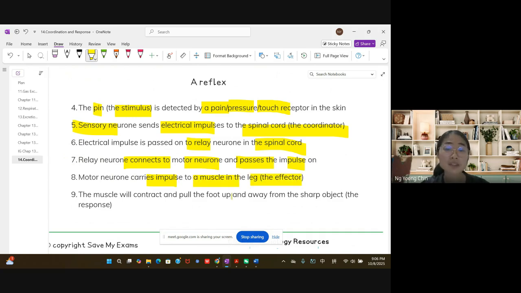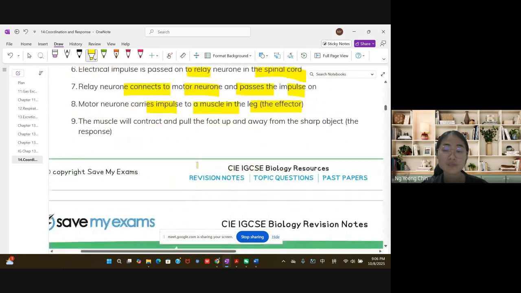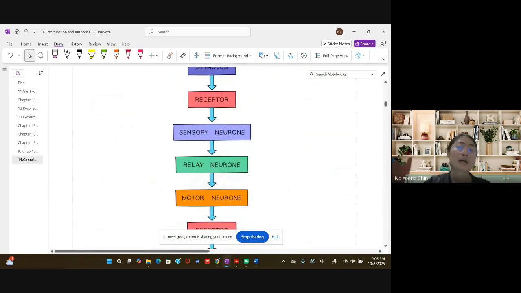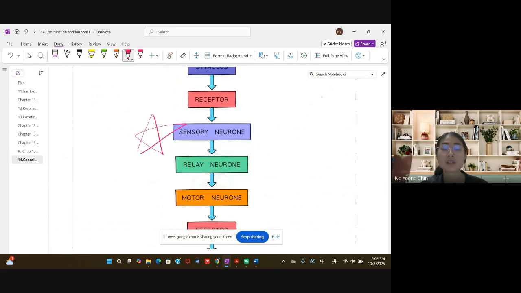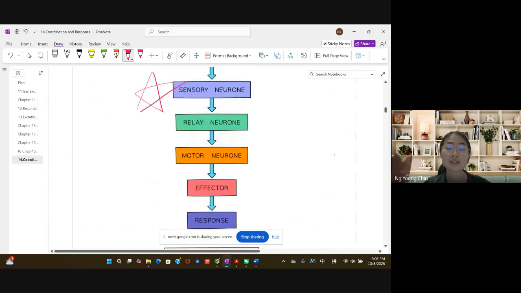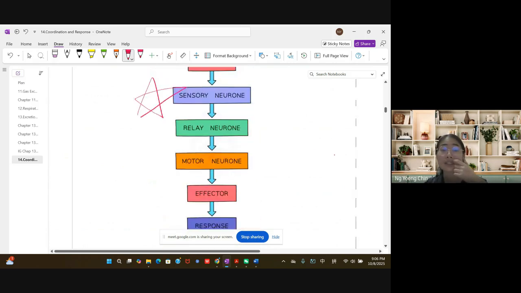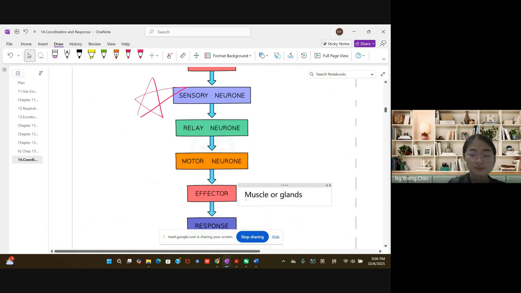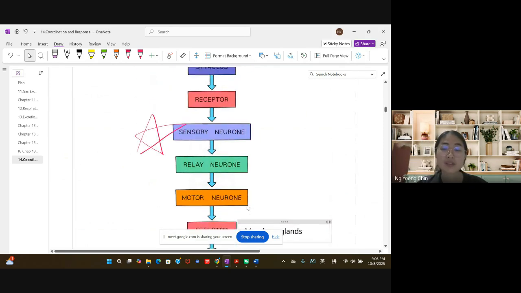So the muscle will cause contraction. Just remember this pathway, it's very important for you. I put a star here. And you need to remember that examples of effector are the muscle or gland, so they can produce a response.